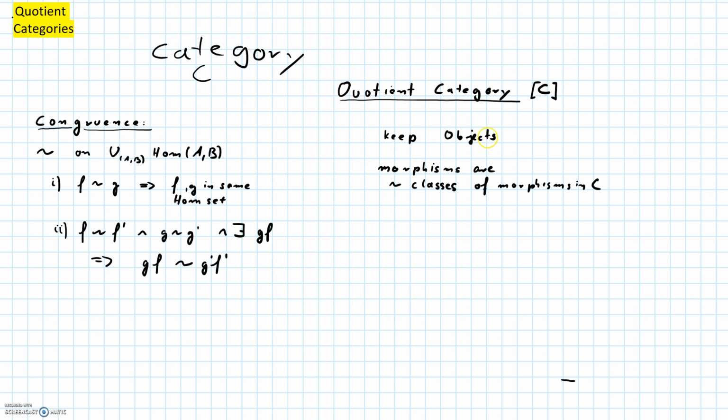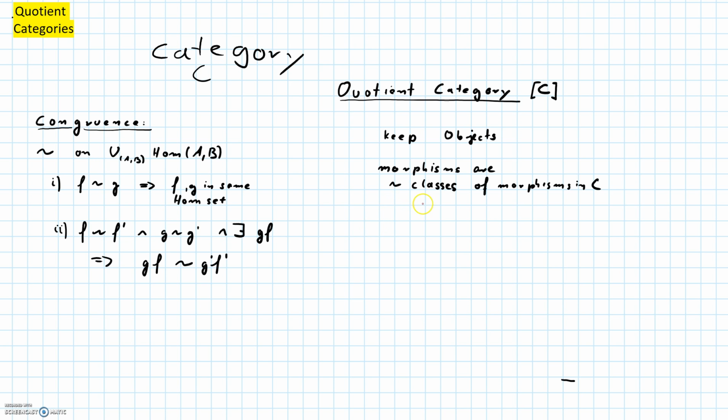You just keep your objects from your category C, so nothing happens there. And the morphisms in C bracket, in the quotient category, are equivalence classes under this congruence of morphisms in C.